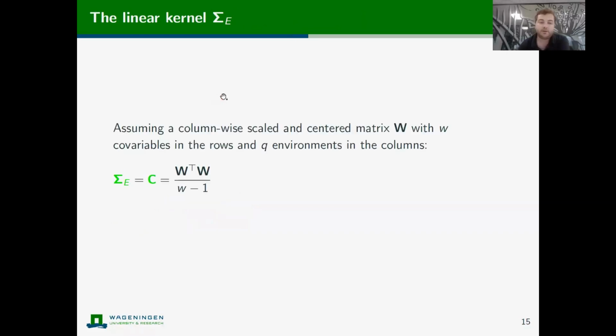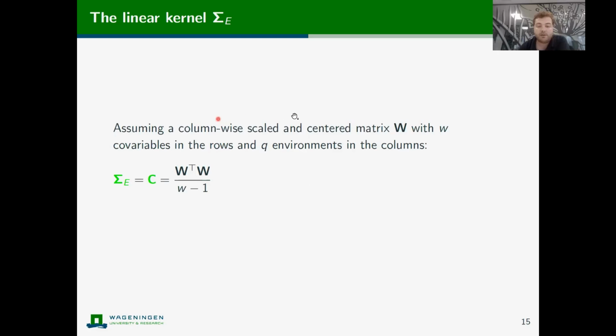So how do we get this linear kernel? Let's think that we have a matrix W, which contains in the rows environmental covariables related to, I don't know, temperature, radiation, moisture, water availability, etc. And in the columns we have Q environments for which we have those data.